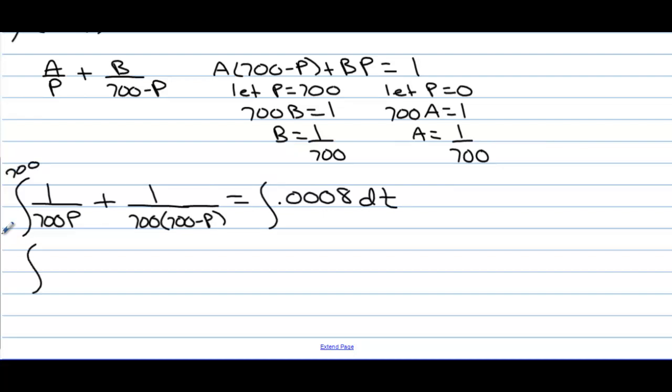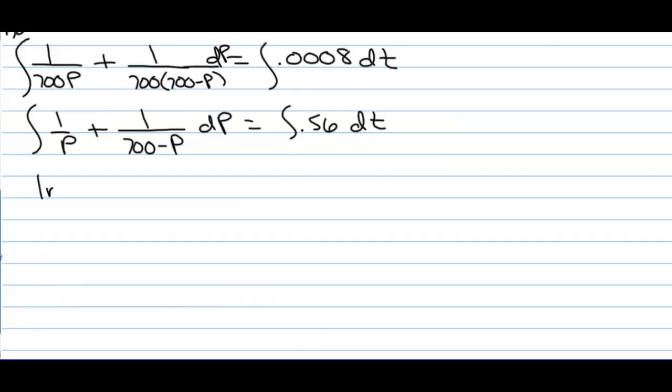We'll have the integral of 1 over P plus 1 over 700 minus P dP, forgot the dP over here, is equal to the integral of 0.56 dt. We'll have natural log of the absolute value of P plus, actually not plus, it's a tricky little minus there. We'll have minus natural log of the absolute value of 700 minus P, and that's equal to 0.56t plus c.